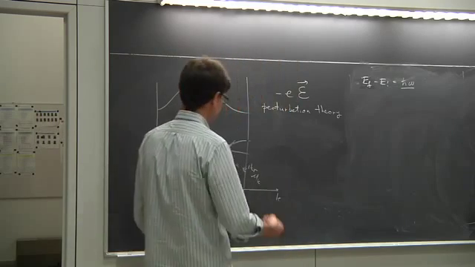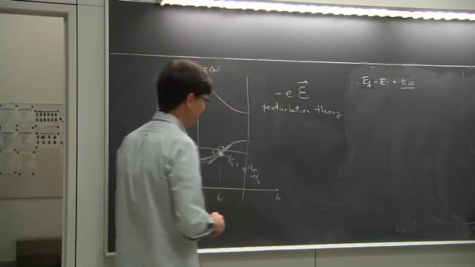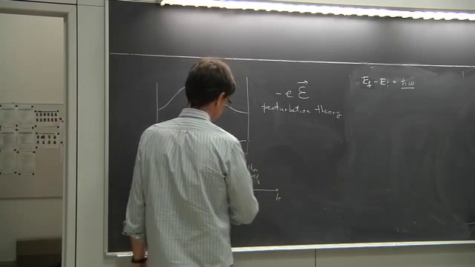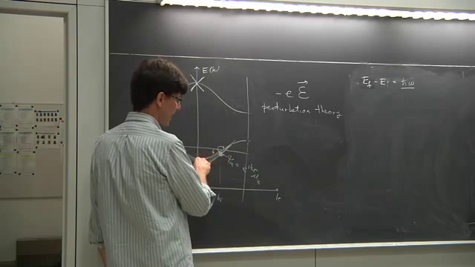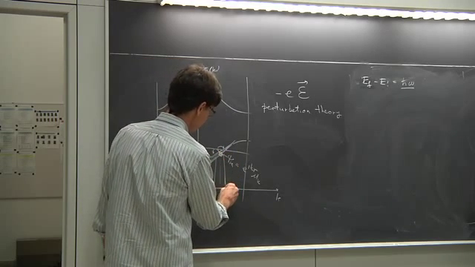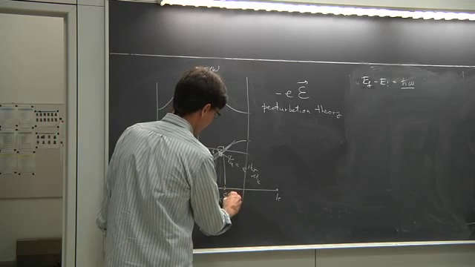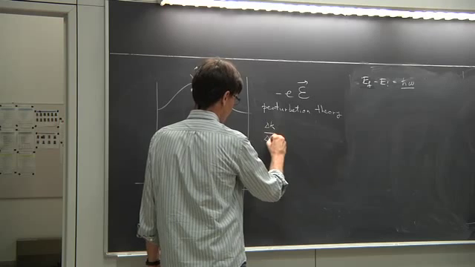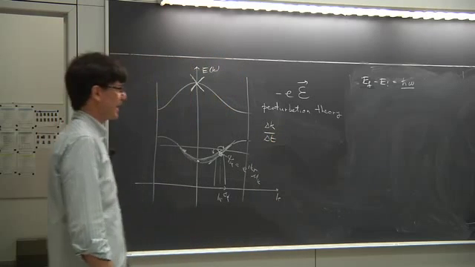So in a time delta t, the system will jump to nearby states. So it will change its k by an amount delta k, which I'm now going to determine, in a time delta t.